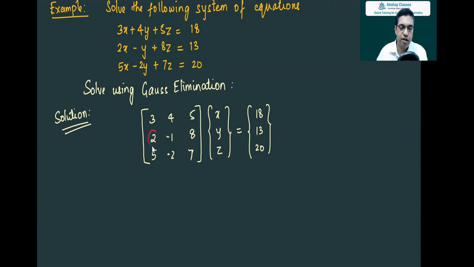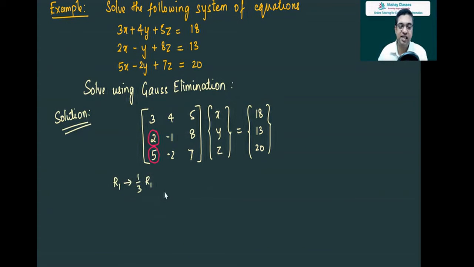In the first step, we need to make these two zeros. These two elements, A21, A31. Second row, first column, third row, first column, using the first one. So one method, of course, I said straight away in the beginning: do this transformation R1 as 1 by 3 R1.